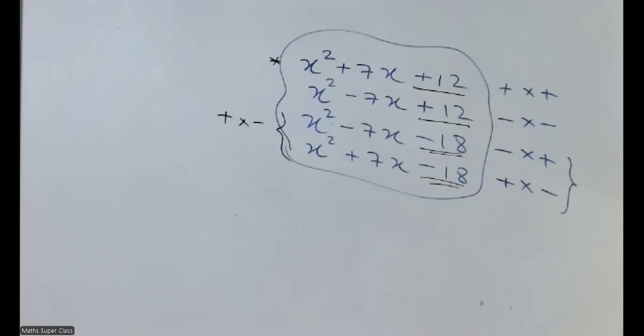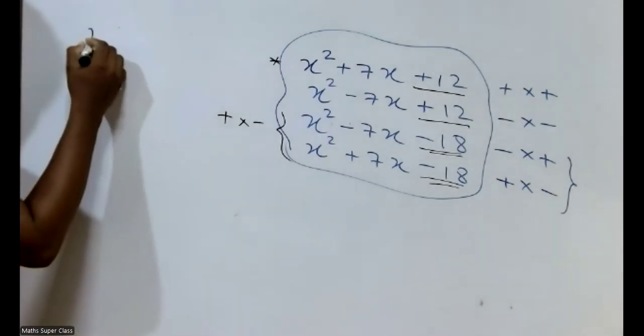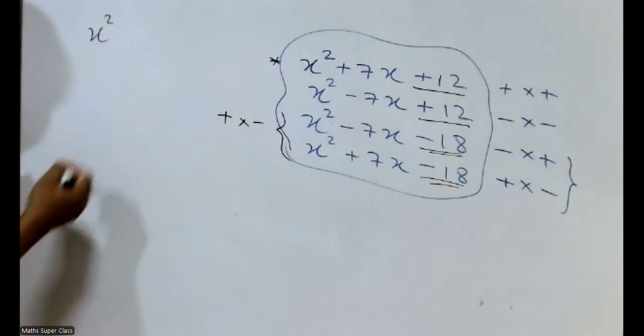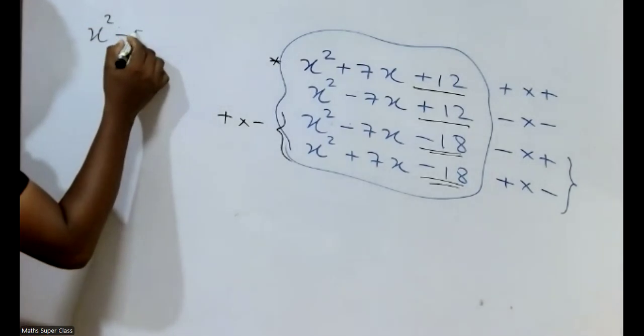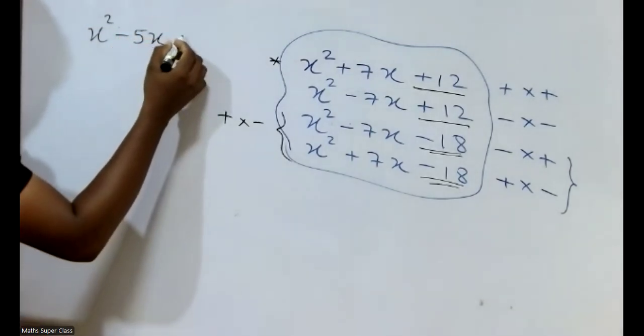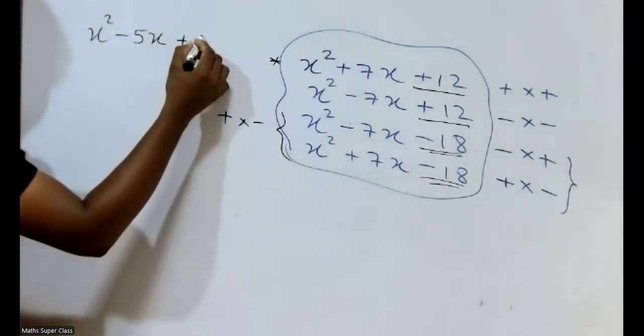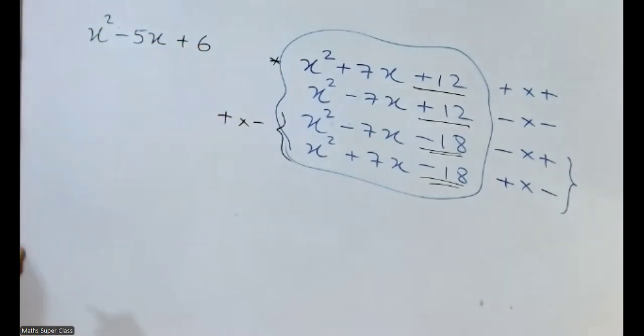Okay, Budhi. Here, tell me, I'll explain to you, Budhi. I'll give an example. X square minus 5x plus 6.